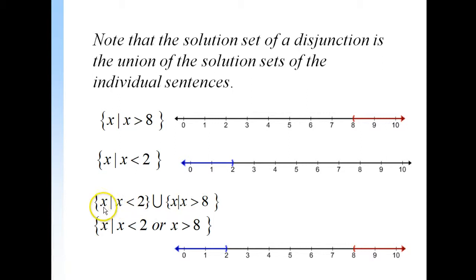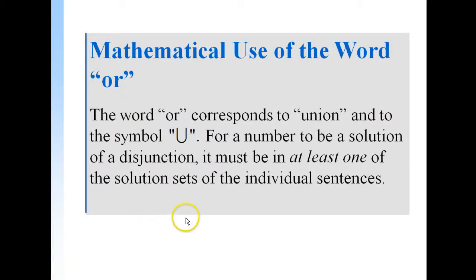So in set builder notation, this is how you would write it. Okay? Or you could put, instead of the symbol for union, you could put the word or. Or and this symbol are the same. And that's what they're showing you here.